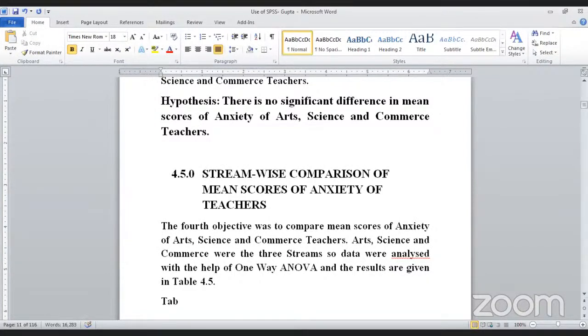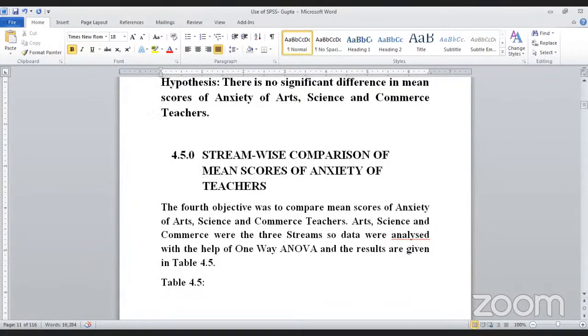Here table 4.5. So let me insert the table here.